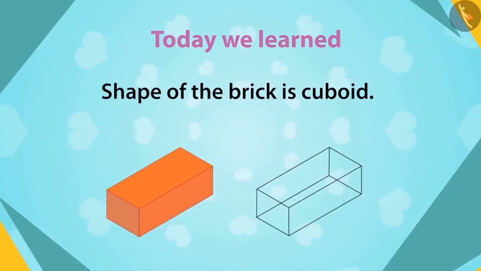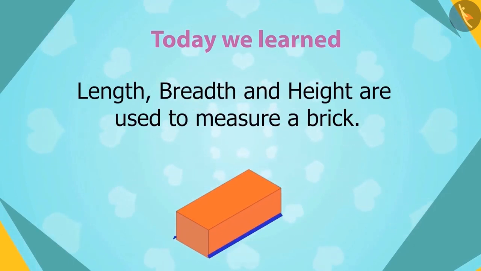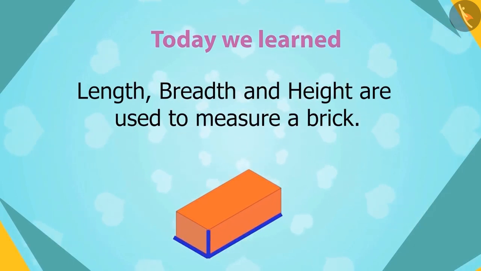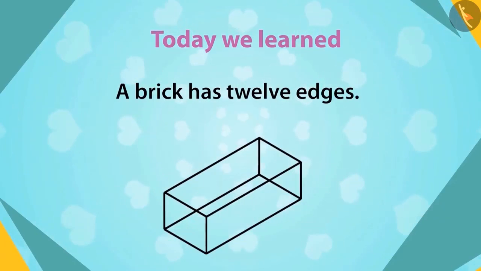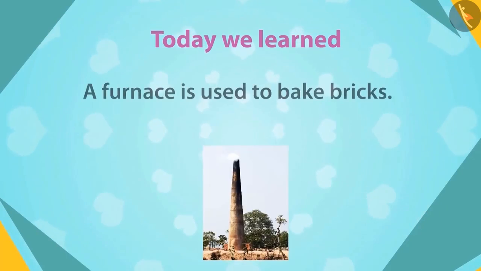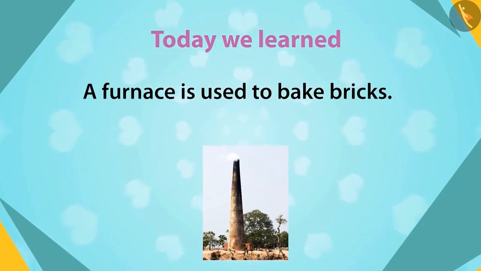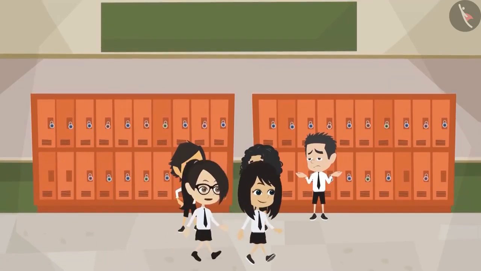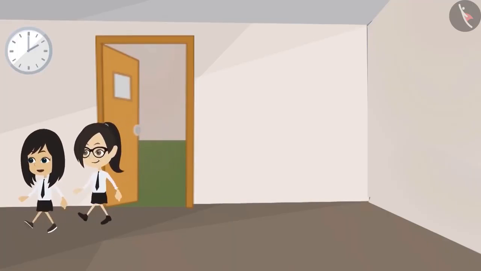Shape of the brick is cuboid. The size of a brick is determined by measuring its length, breadth, and height. A brick has 12 edges. A brick has 6 faces. Bricks are baked in furnace. I am waiting for tomorrow because engineer sir will get different sizes of bricks to show us. Me too.